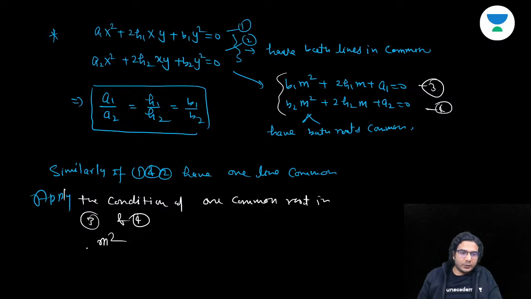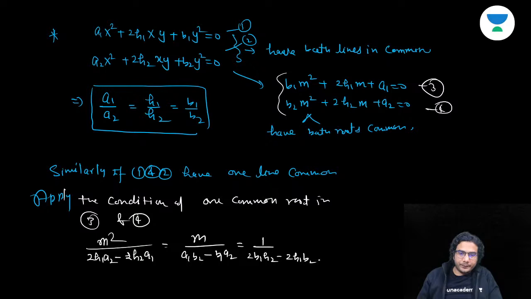We used to write this Cramer's rule, m square upon 2h1 a2 minus 2h2 a1 is equal to m upon a1 b2 minus a2 b1 is equal to 1 upon b1 2h2 minus 2h1 b2. Then eliminate m and you'll get the condition. So like we did in the one common root case in quadratic, it is the similar thing. Are you able to relate it?